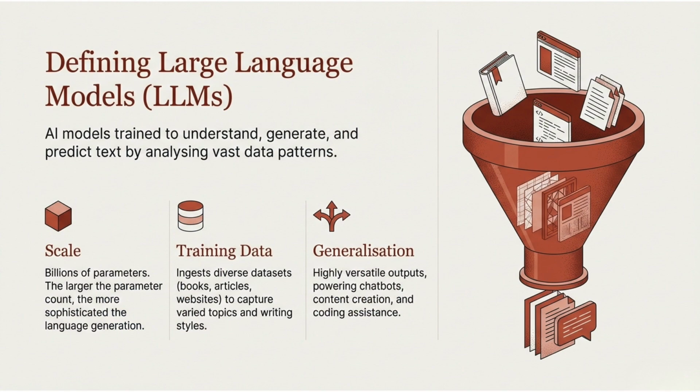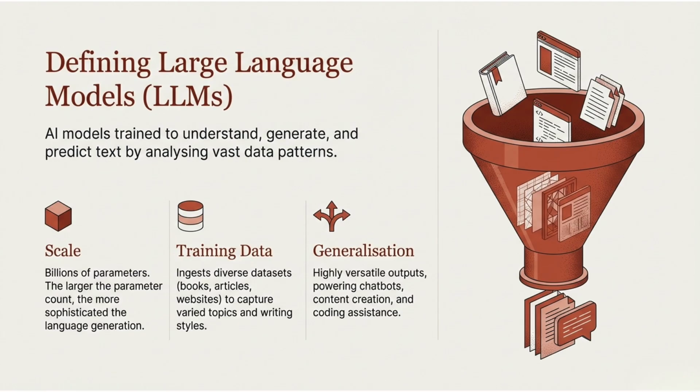What are large language models? Large language models are advanced AI systems designed to understand and generate human-like text. They are trained on vast amounts of data, including books, articles, and websites. One key feature of LLMs is their scale, often involving billions of parameters that help capture complex language patterns.